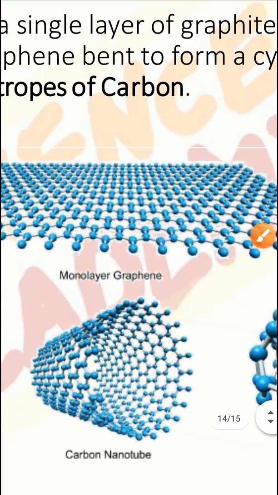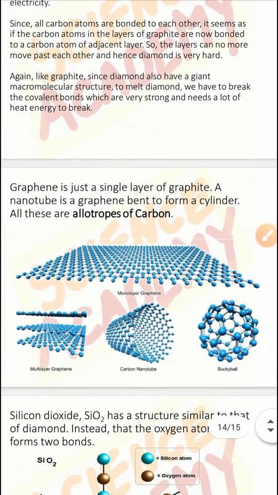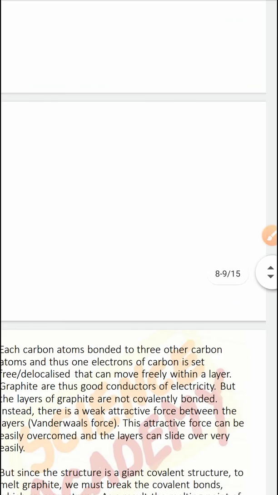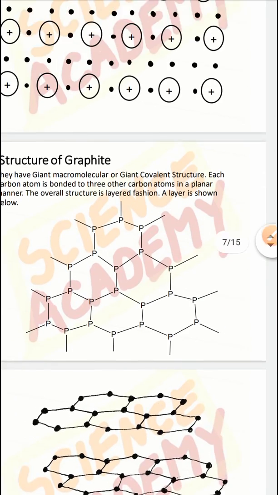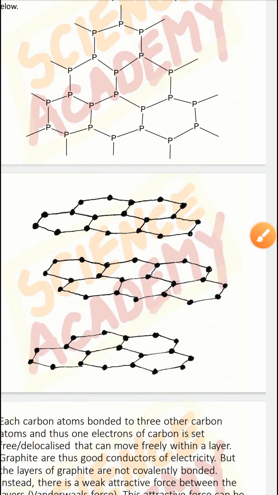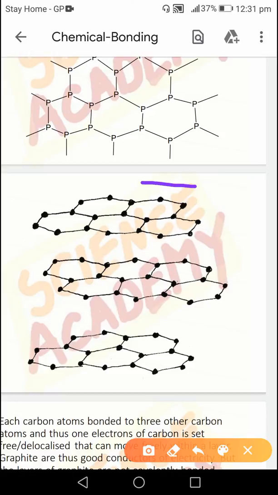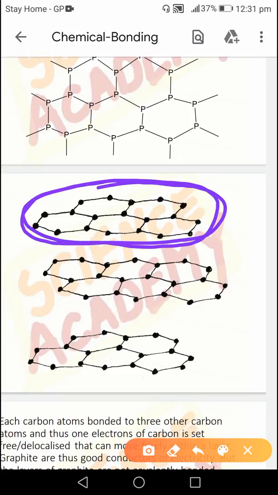So where is the difference between graphite and graphene? Graphite has many layers, but a single layer of graphite, we call it a graphene. So this is a graphene, this is a graphene, this is a graphene.